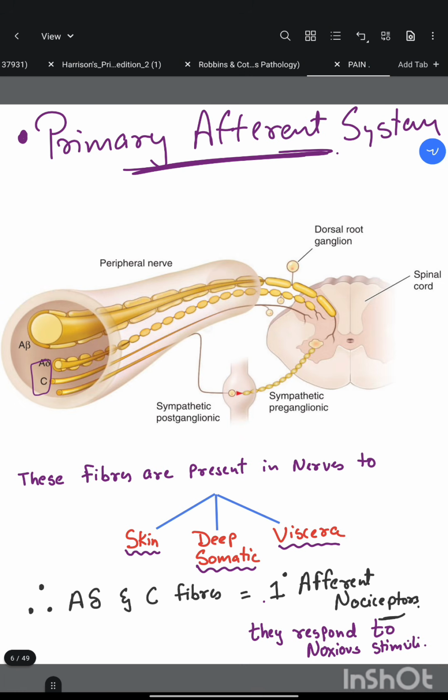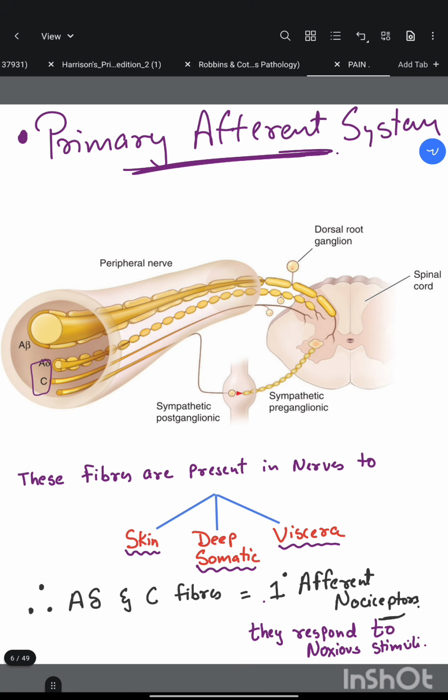They are also responsible for carrying your pain sensation. Hence, whenever we say that pain is being conducted from the periphery to the spinal cord, we must tell that there are A delta and C fibers. A delta means small diameter, myelinated. C fibers are small diameter and unmyelinated.